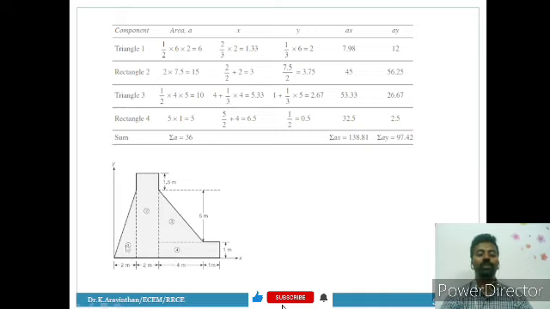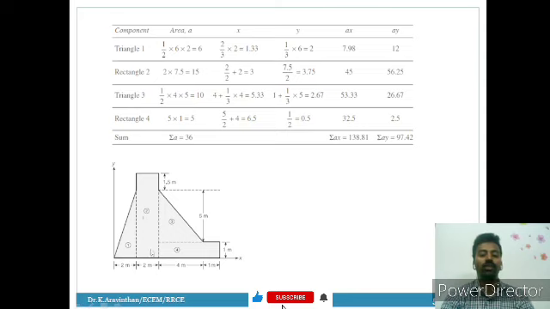Now let us find the y coordinate. So from the x plane you have to find the y coordinate. For a triangle, this will be 1/3 of B, 1/3 of H. So the height here is, in total, 6. So finally you will be getting 1/3 of 6.